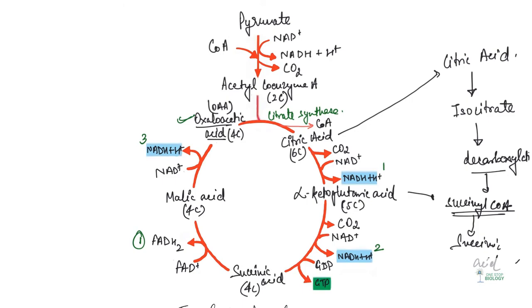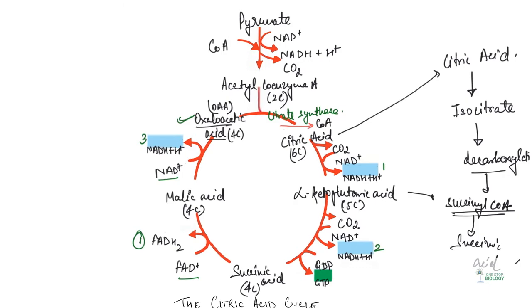And now guys, basically it also requires regeneration of NAD plus, FAD plus, right? From NADH and FADH2, right? So if I show you an overall reaction, what will be the overall reaction, guys?